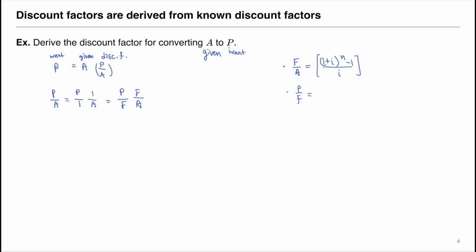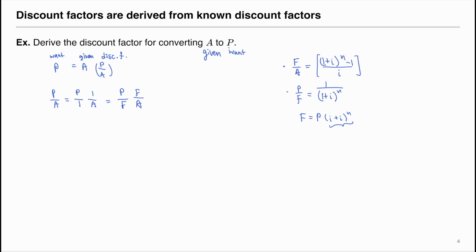And P over F is just 1 over (1 plus i)^n, because remember the formula for compound interest. Oh, I have flipped the order, it is 1 over that. So remember the formula for compound interest is that the future value is the present value times the compound interest factor.